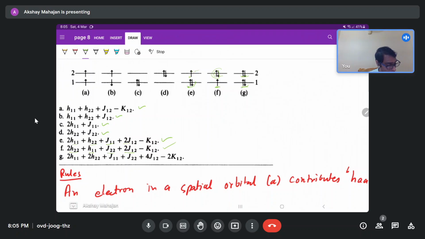Now there are 4 electrons, 2 in orbital 1 and 2 in orbital 2, so we get 4 combinations for J12. And then do we have parallel spins? Yes, we have parallel spins. We have 2 up spins, one up in 1 and one up in 2, so that will give me minus K12. And then the down spins will also give one more minus K12. So that's why we have minus 2 K12. So this is also correct.